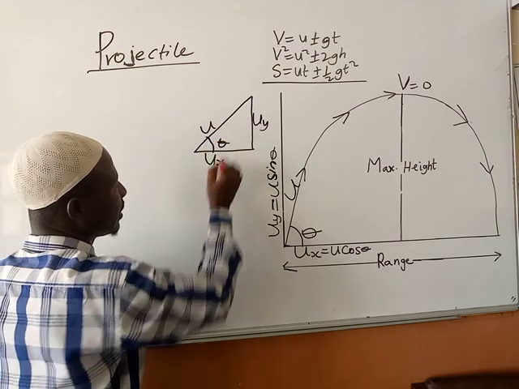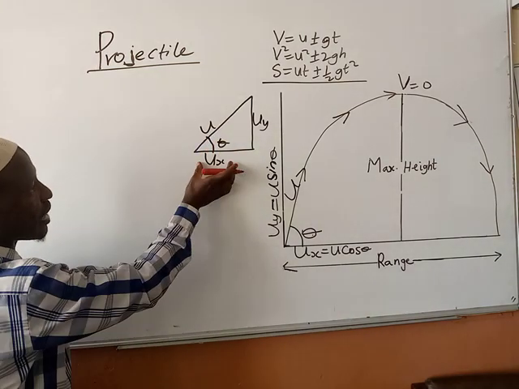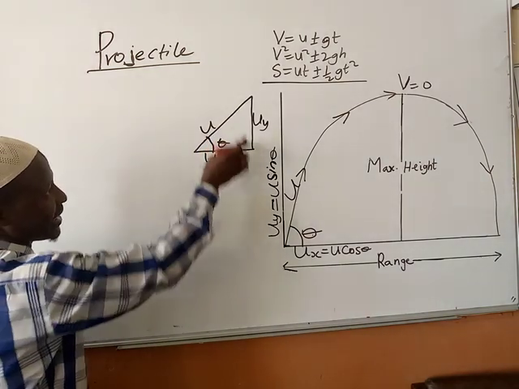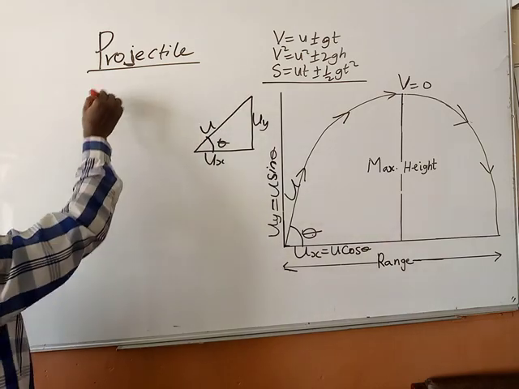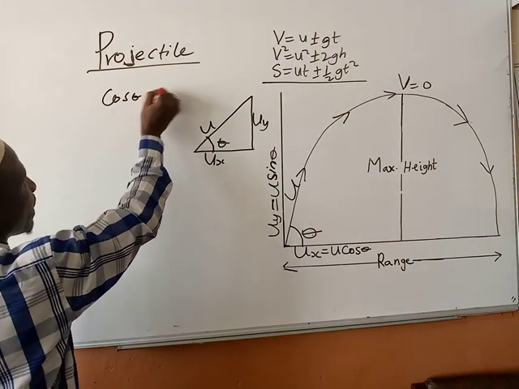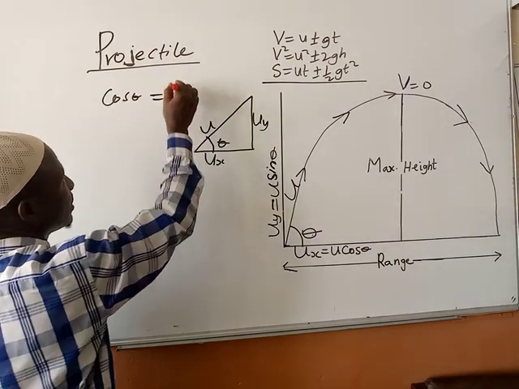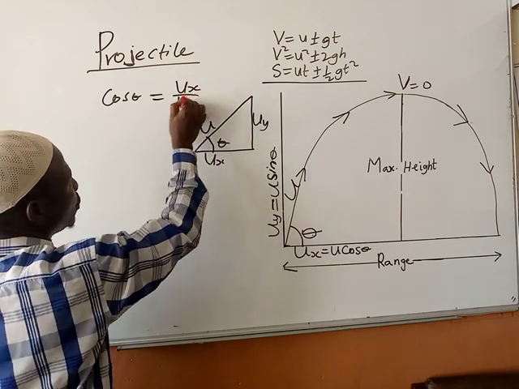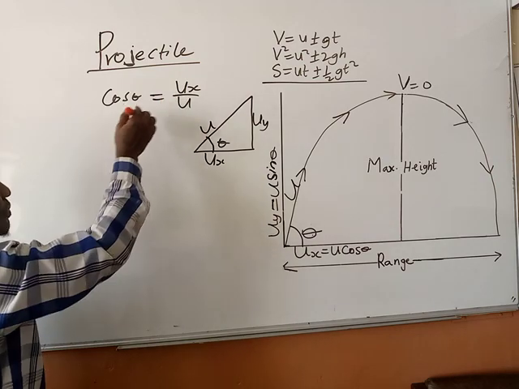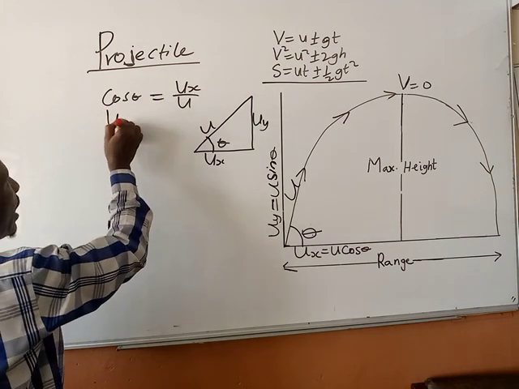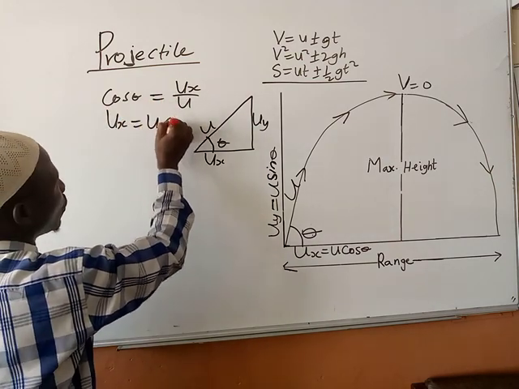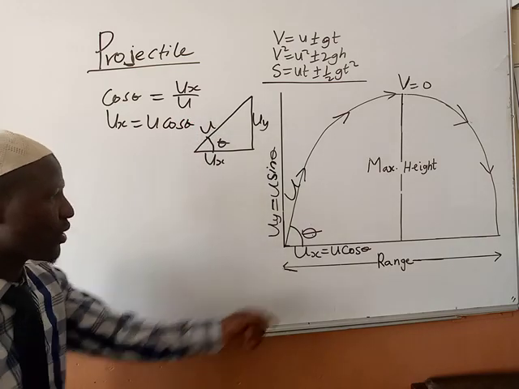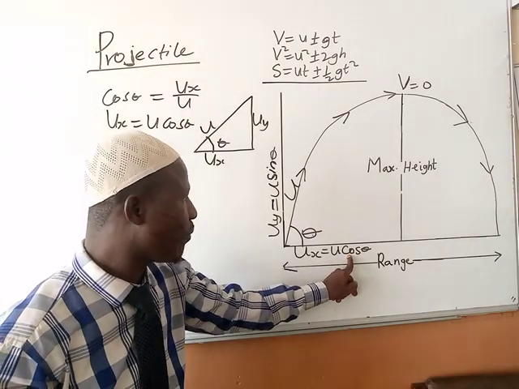To get the horizontal component, we combine the adjacent and hypotenuse, which is cos theta. We say cos theta is equal to adjacent, that is ux, over hypotenuse u. Now cross multiply, you have ux is equal to u cos theta. That is how I got this horizontal component.